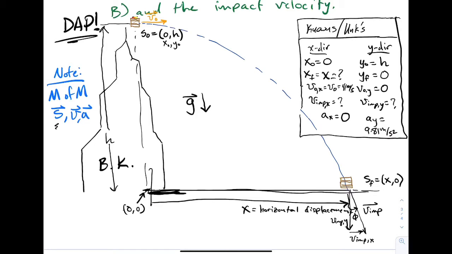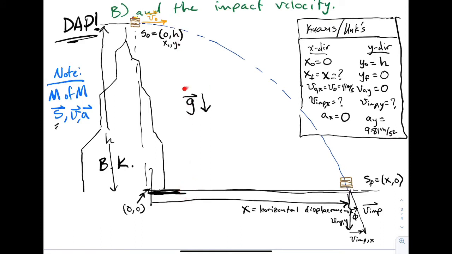But we have to be careful. In our knowns, we've decided that up here is some positive value for height, and down here is some 0 value for height. And so that means that our crate in the vertical direction is going from 829 meters to 0.